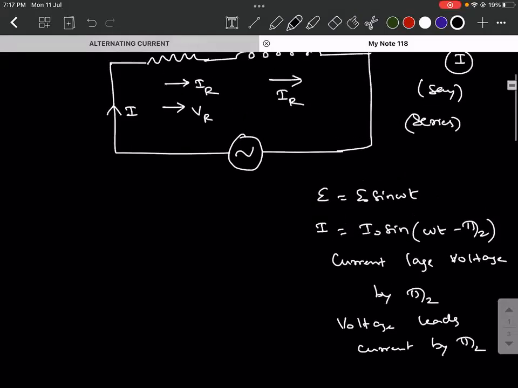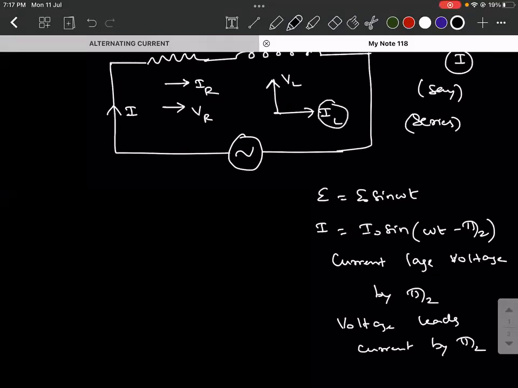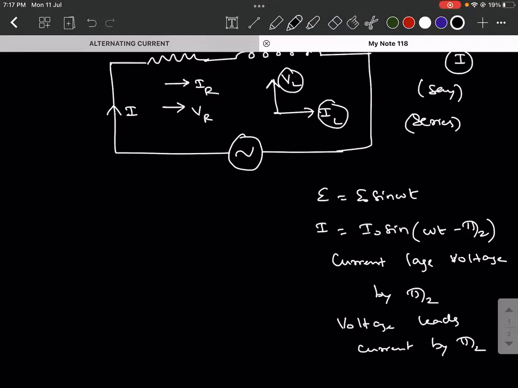Then what will happen in this scenario is if IR is like this, then VL will be like this. I'll call this IL, because we know that IL and IR are both the same. So if IL is like this, can I say VL is in this way? Accepted, because voltage leads the current by pi by 2.